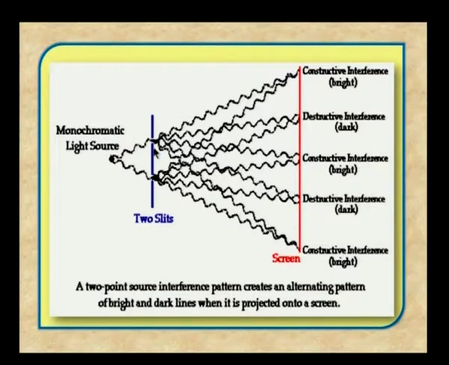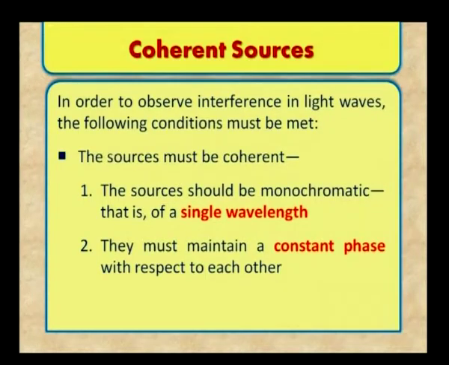Because S1 and S2 come from the source S, if S is monochromatic, S1 and S2 will also be monochromatic, and their wavelengths will be the same, because they come from the same source having wavelength lambda. Therefore, S1 and S2 will be coherent.